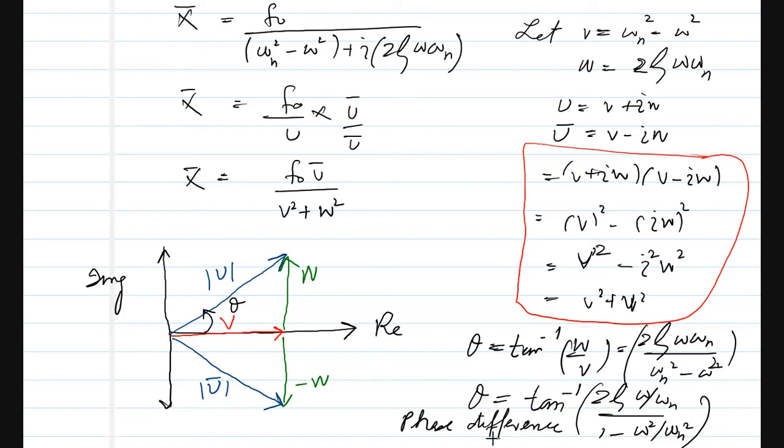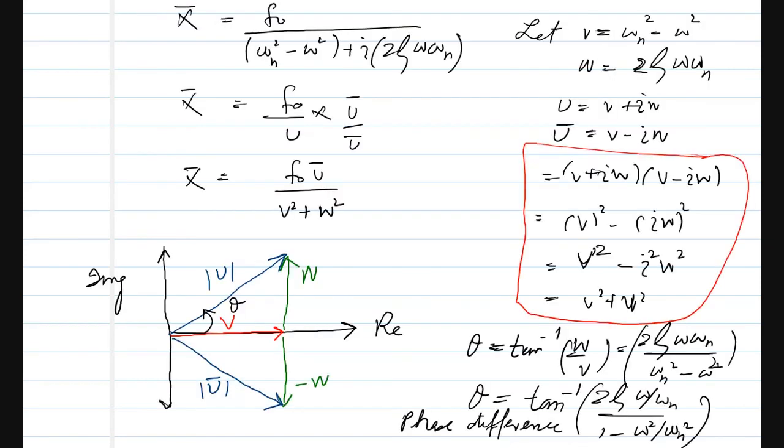Okay, the idea of doing all this is to try to express u bar in terms of u. So what I mean is u bar is v minus iota w, as you know from your previous understanding.